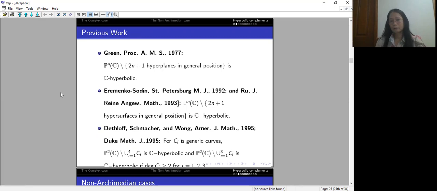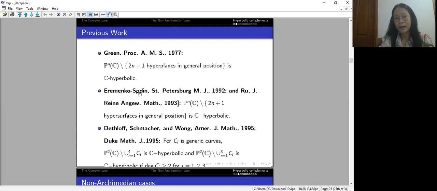And this is a very hard problem and has attracted many mathematicians. For example, Green proved that P^n omitting 2n plus 1 hyperplanes in general position has to be hyperbolic.